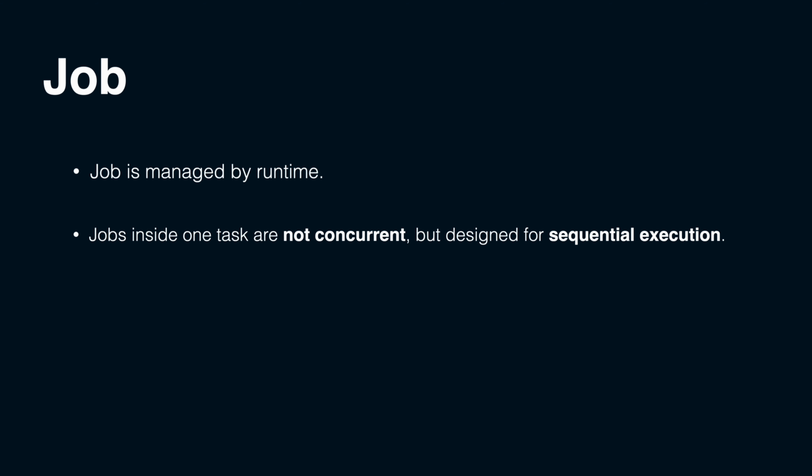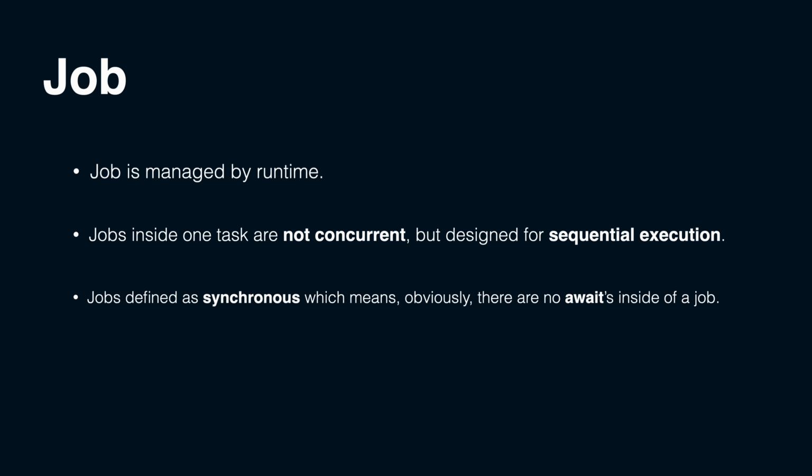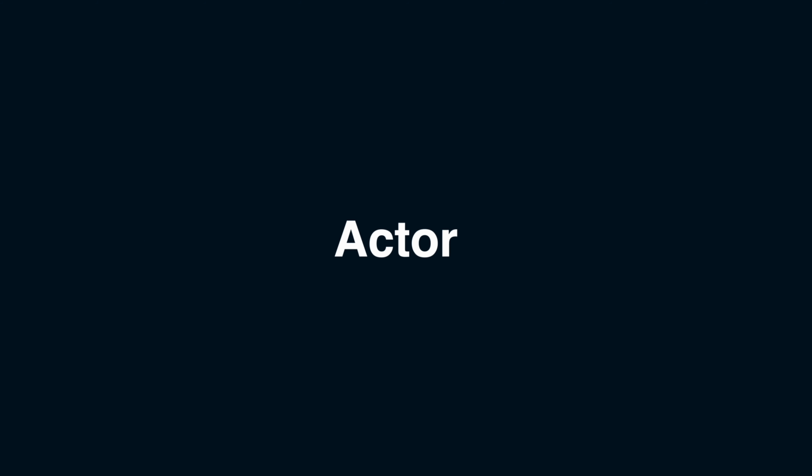They wait for the previous job to complete before starting. Jobs are designed to be executed sequentially, one after another, with the possibility of the task being suspended if the next job needs to be executed on a thread that is currently busy. Jobs are defined as synchronous, which means there are no awaits inside of a job.